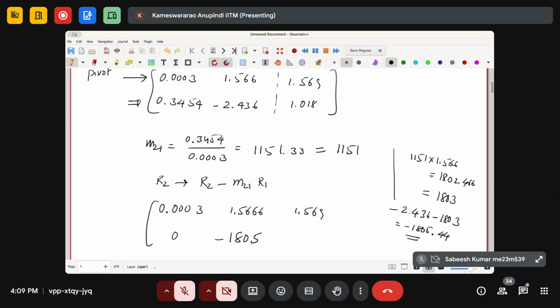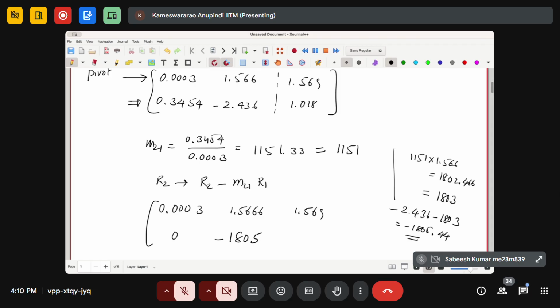Okay, looks like there is some small mistake somewhere. I have 1151 and then 1.566. 1.566 multiplied by 1151 is going to be 1802.24. Okay, so this will be 0.25.